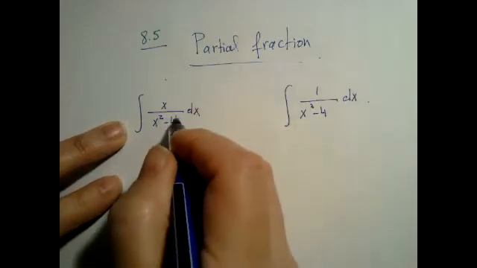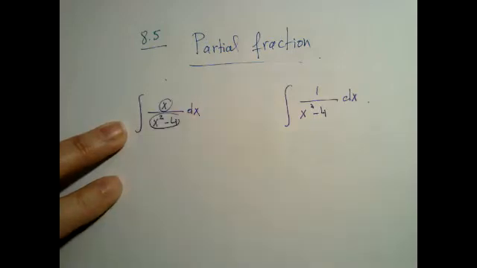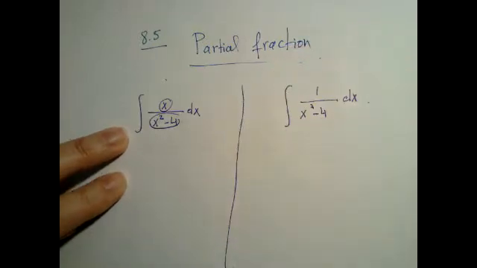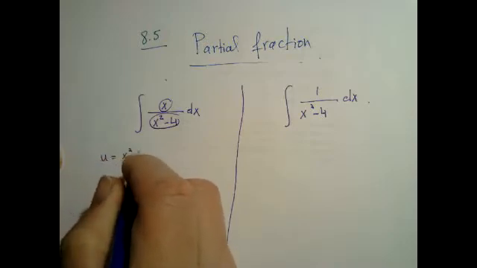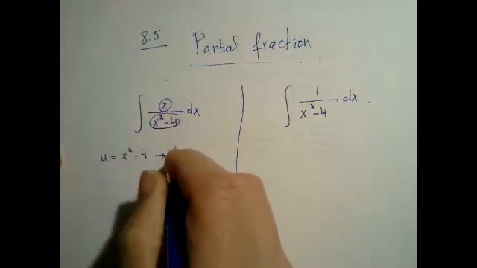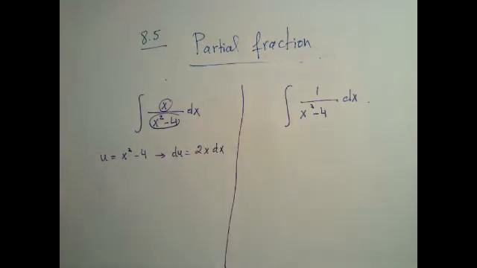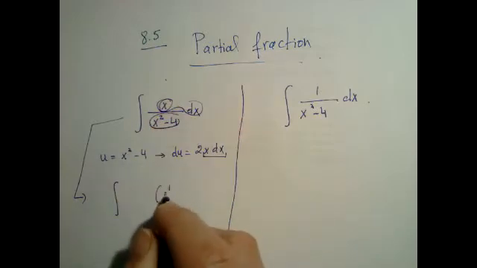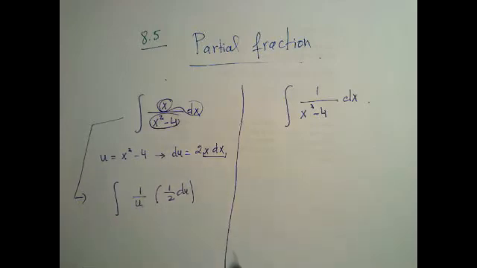Absolutely. What we've always been talking about, the derivative of x squared minus 4 is basically 2x. So it's x up to a constant. So if I want to solve the first one, I just set u to be x squared minus 4. The du is 2x dx. And then this would become the integral of x dx, which is half du, and this would be 1 over u.